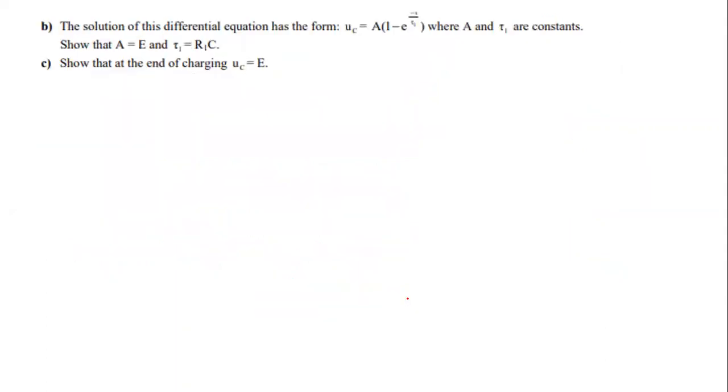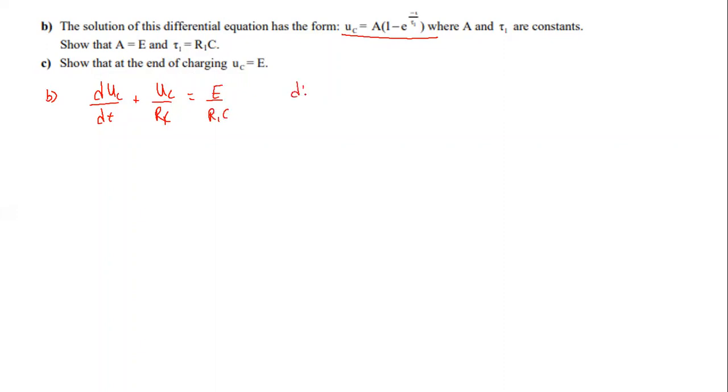The solution of this equation is of the form UC equals A(1 minus e to the power minus t over tau 1). A and tau 1 are two constants. Show that A equals E and tau 1 equals RC. Since this is a solution, it verifies the differential equation, which is of the form dUC by dt plus UC over R1C equals E over R1C.